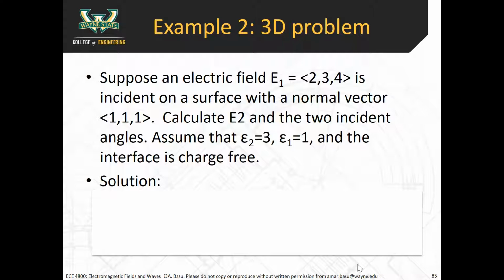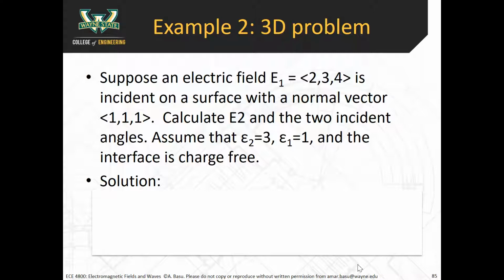So we know that when E1 goes into the surface here, or goes into this interface, let me redraw that. It's going to bend. And we want to figure out how much it's going to bend.